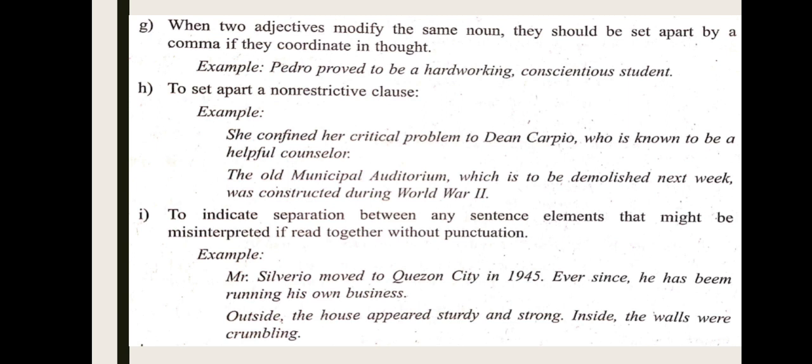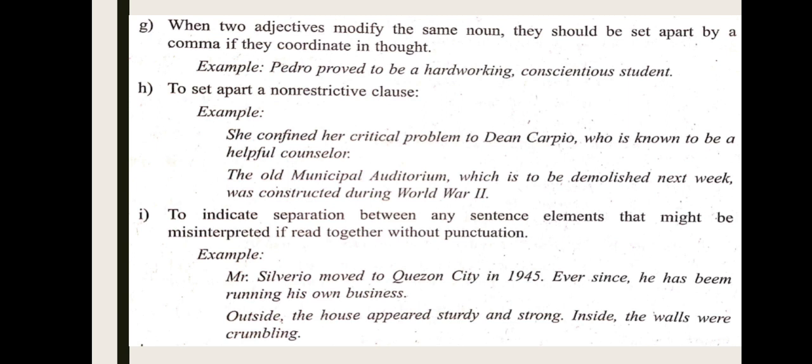And the next one is: The old municipal auditorium, which is to be demolished next week, was constructed during World War II. And in letter I, to indicate separation between any sentence elements that might be misinterpreted if read together without punctuation.